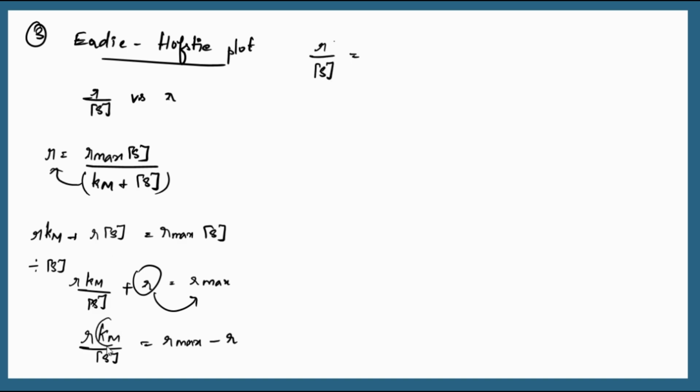The Km term we can bring down, so this will be completely divided. If you write, this is going to be R max by Km minus R by Km. So this is your final equation.